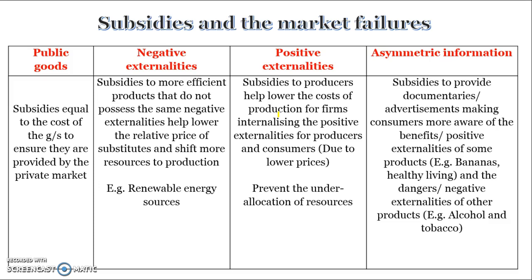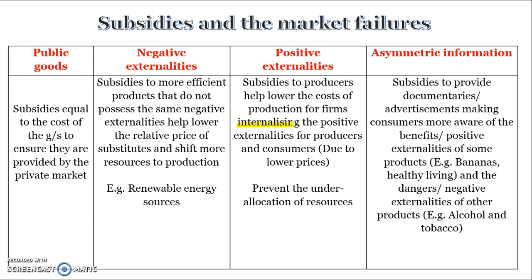For positive externalities, we subsidise the producers to lower their costs of production, and the idea is to internalise the positive externality. We essentially allow them to benefit from the benefit they're providing to the community, which will reduce the price for consumers and prevent the under-allocation of resources. With asymmetric information, again, we can use subsidies. So subsidies to provide documentaries, making consumers more aware of the benefits of certain products.